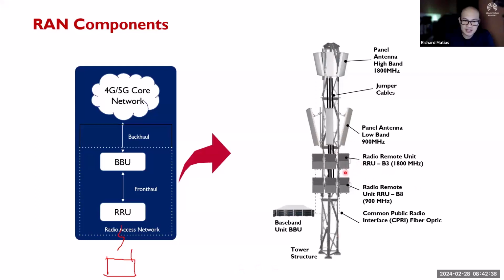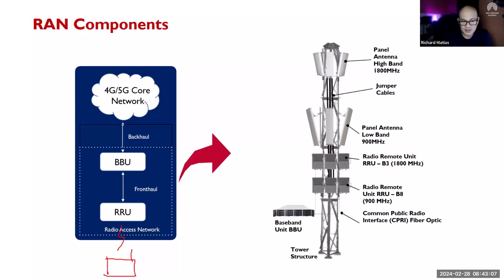The remote radio unit is the one producing the electromagnetic energy, and the antennas are the ones propagating it into certain directions and controlling the patterns. The baseband unit is connected to the radio through a fiber optic cable called the Common Public Radio Interface. It is a fiber optic cable.